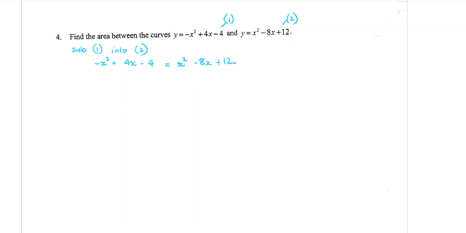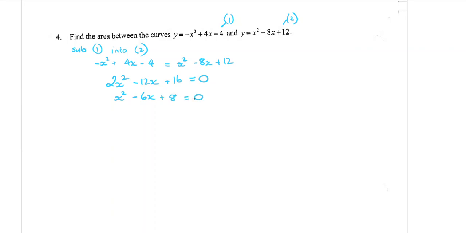So this x squared is positive, which means I'm effectively going to move everything from this side over to the left. So it will be 2x squared. Subtracting the 4x will give me negative 12x. And then I will need to add the 4 to be a plus 16 equals 0. What should I do with this? Divide by 2. Excellent. X squared minus 6x plus 8 equals 0.